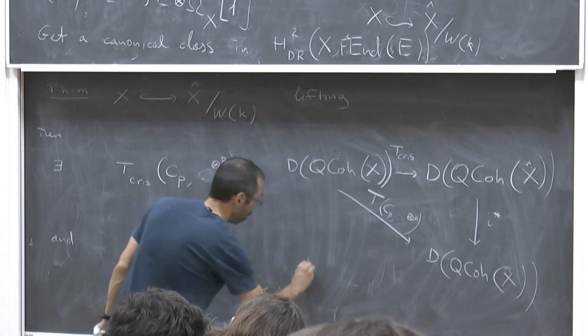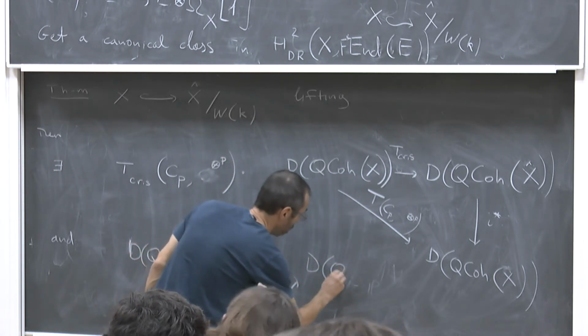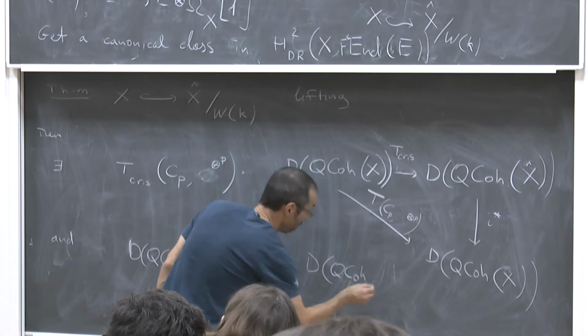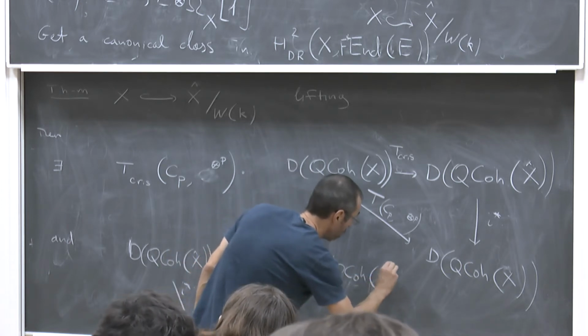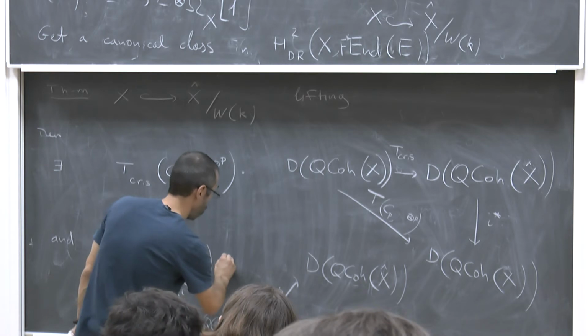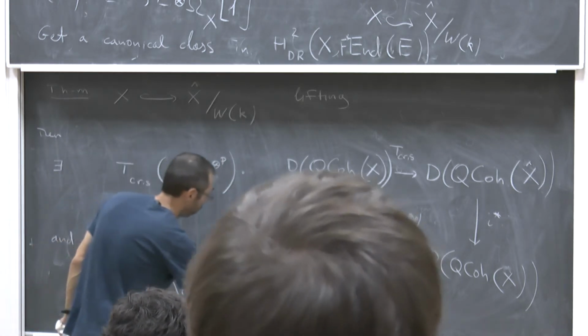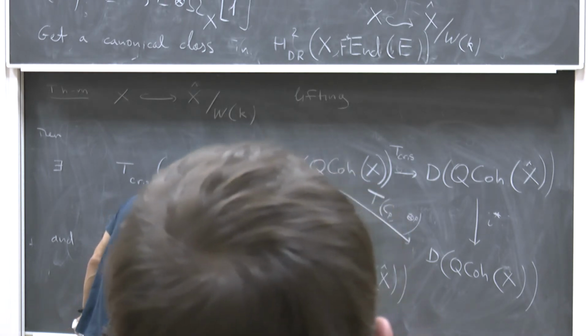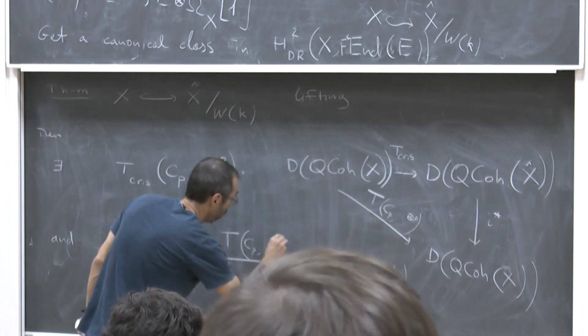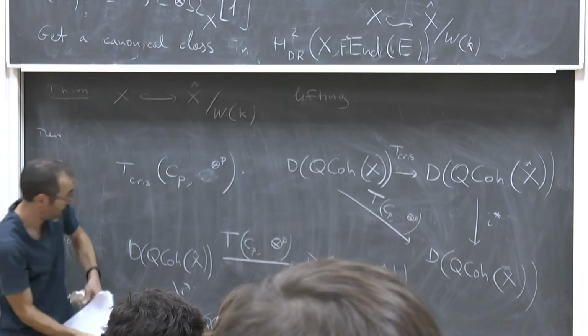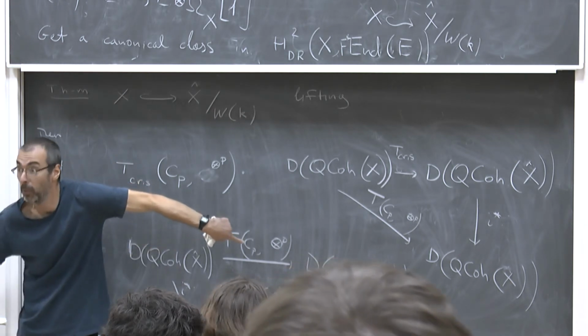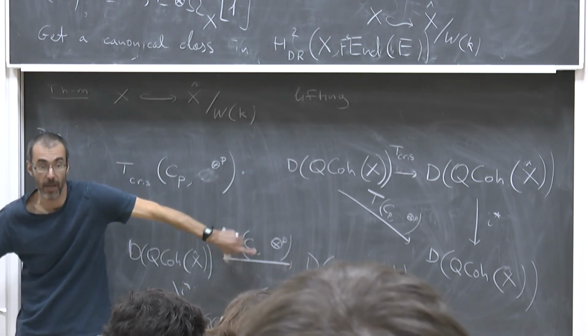Then this is the same as applying the Tate construction to this complex itself, where of course the tensor power is taken now over W, over the infinite.